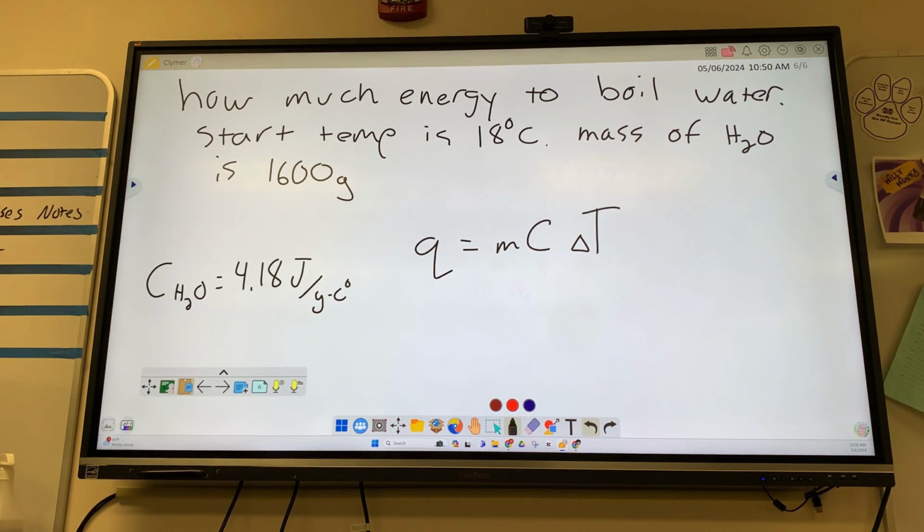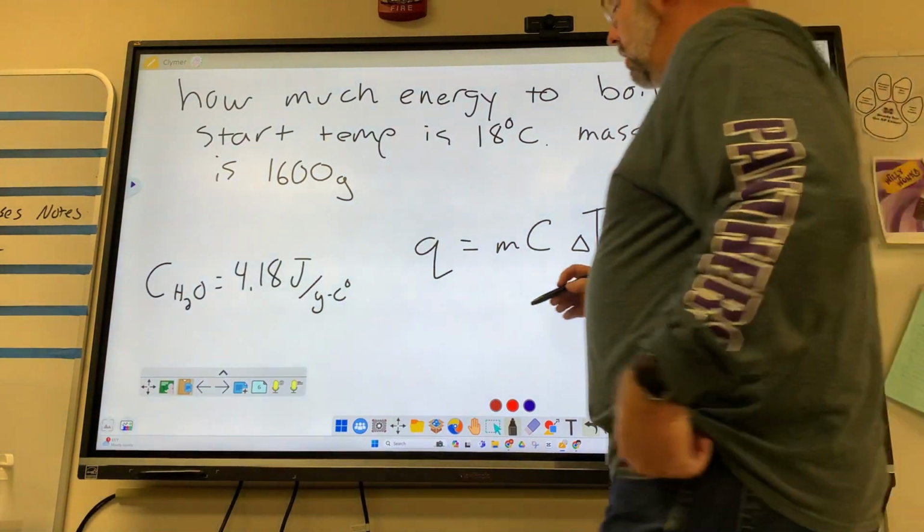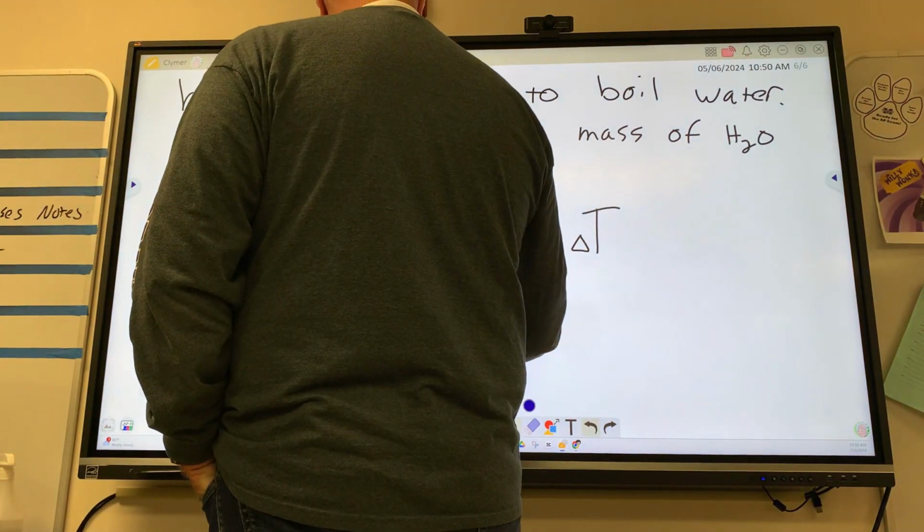Yeah, just multiply, multiply, multiply. What is our unit for Q? Joules. The unit will be joules. C is 4.18. What's our M? What's our mass?